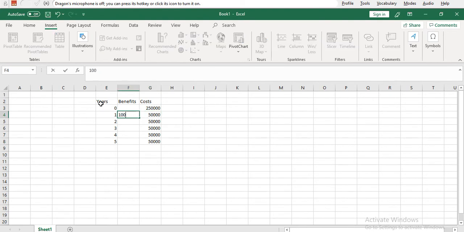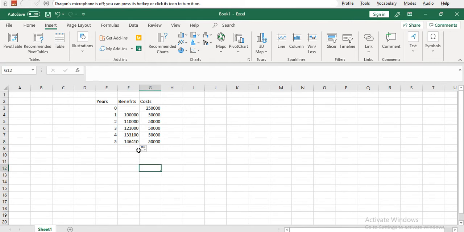Maybe if the first year is 100,000, the second year will be 100,000 into 1.1, which is 110,000. This is how it increases. Now in the fifth year, the revenue is 1,46,410.